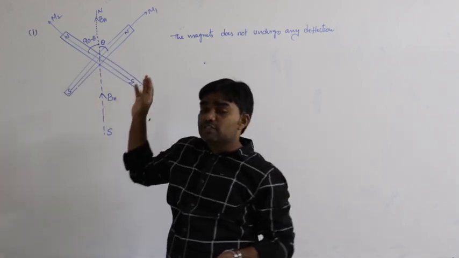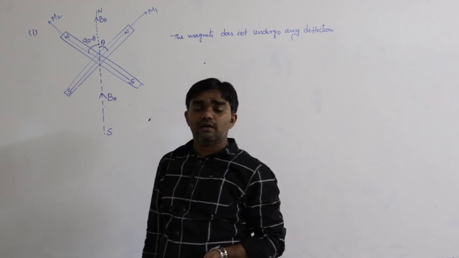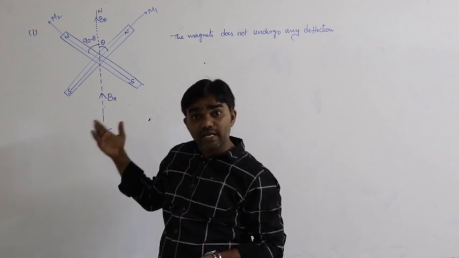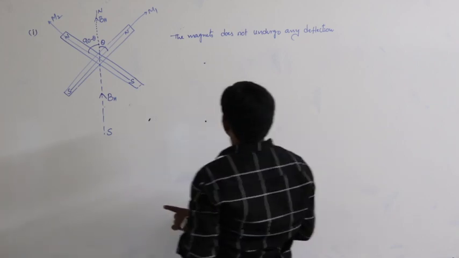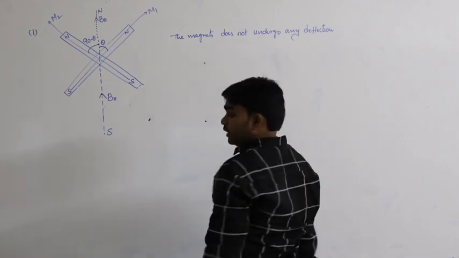Definitely the first magnet must experience torque. In the same way, the second magnet also experiences a certain amount of torque. But here the concept is that the magnet does not undergo any deflection.